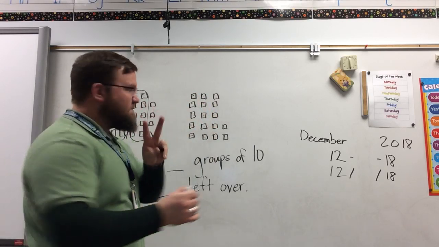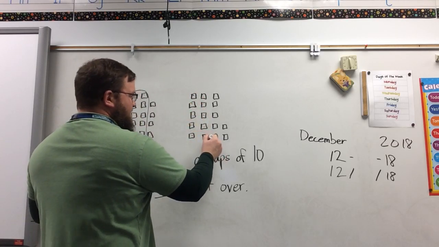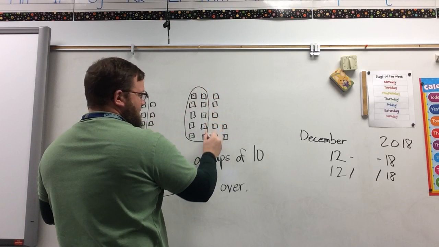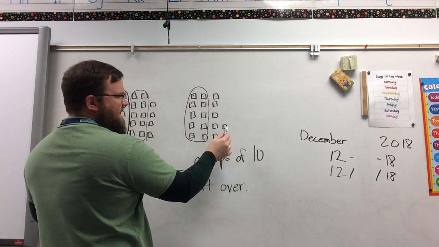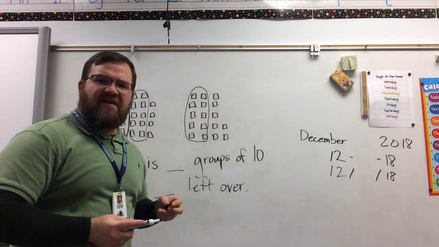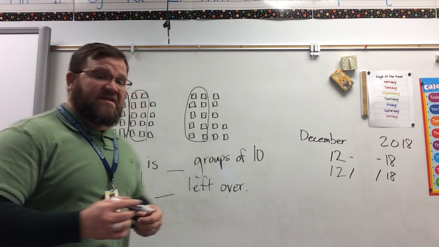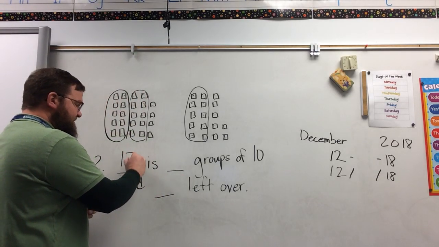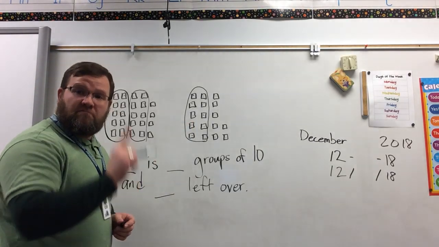I need 2 columns, the way that this is set up, to make 10. So I'm going to circle 10, and then I have 2, 3, 4, 5, 6, and 7. So I've got 10 and I have 7. And what's 10 and 7 together? That's right, it's 17.